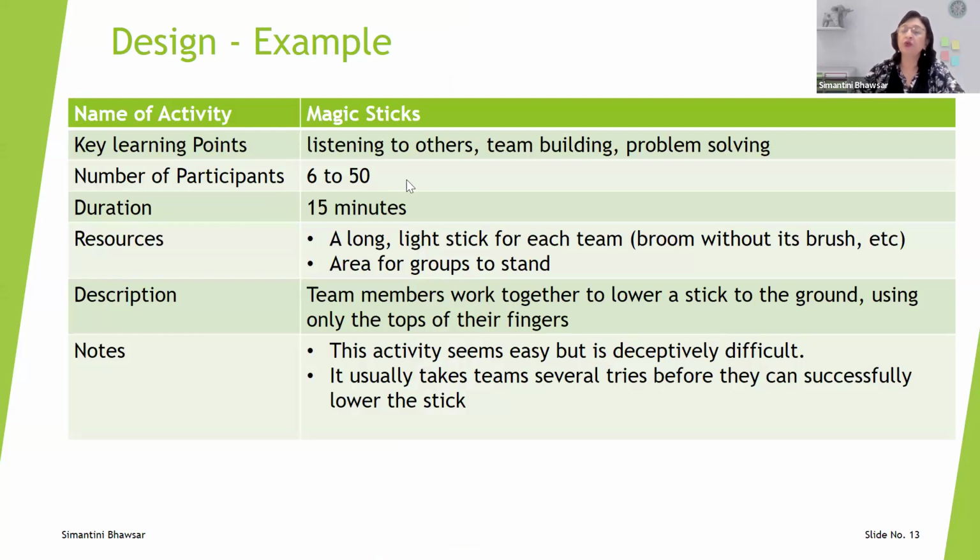Description: team members work together to lower a stick to the ground using only the tops of their fingers. So this is a very, very short description. Notes: it's a very simple activity, but usually requires a number of tries for the stick to be lowered down.